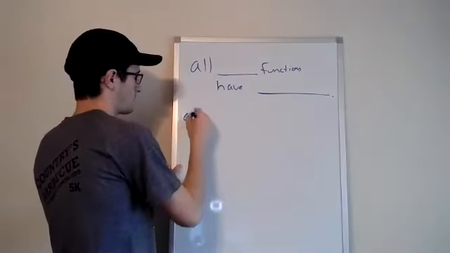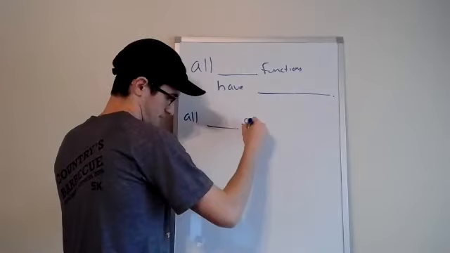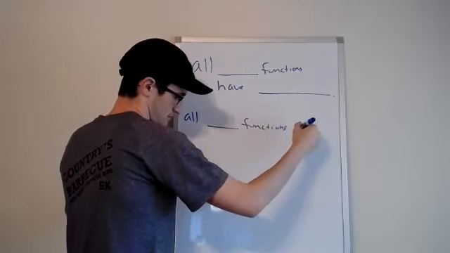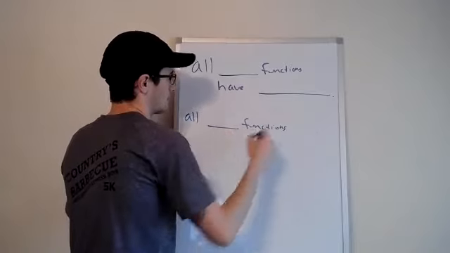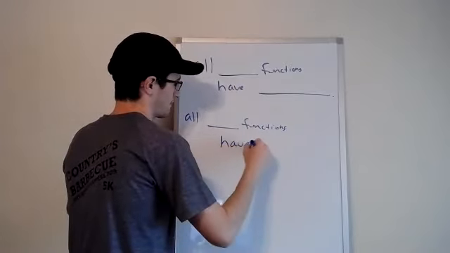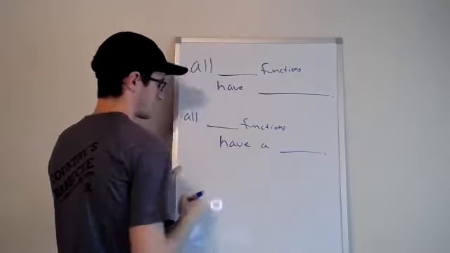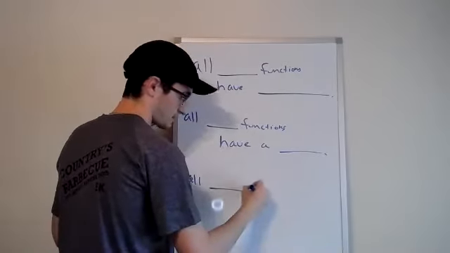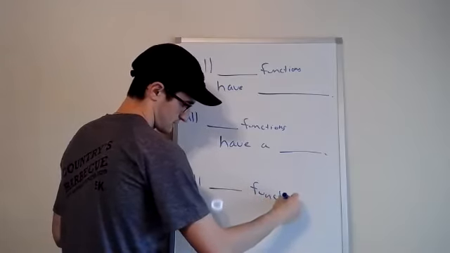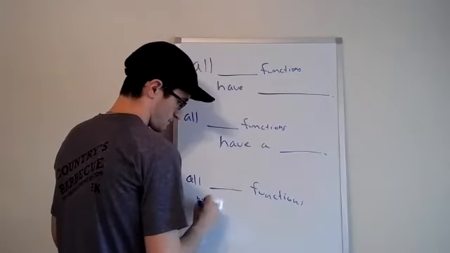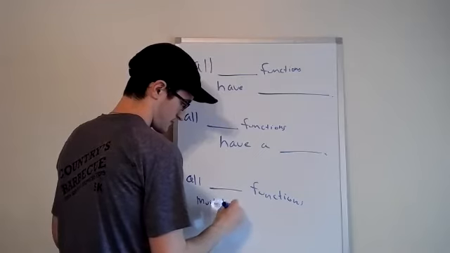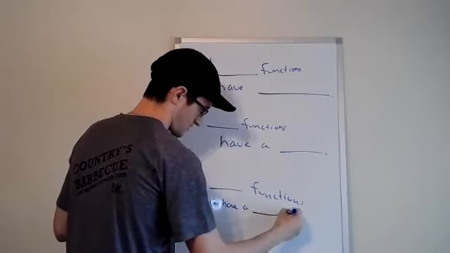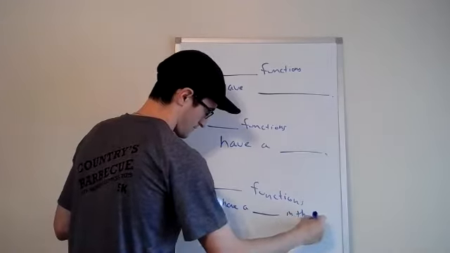Then it says: all blank functions have a blank. And then it says: all blank functions must have a blank in the blank.